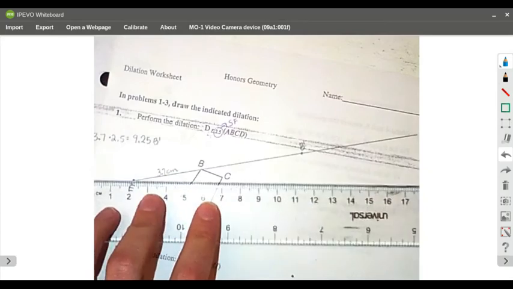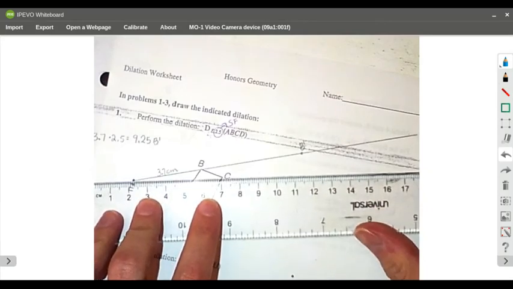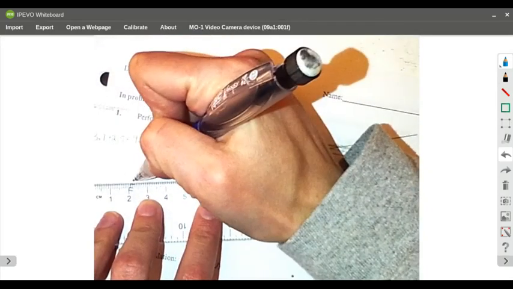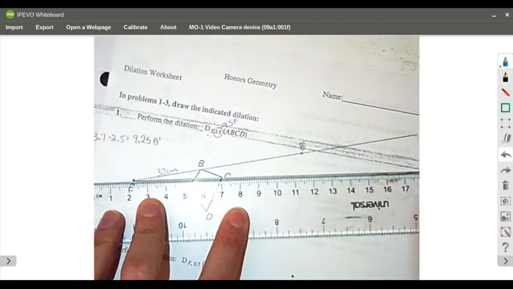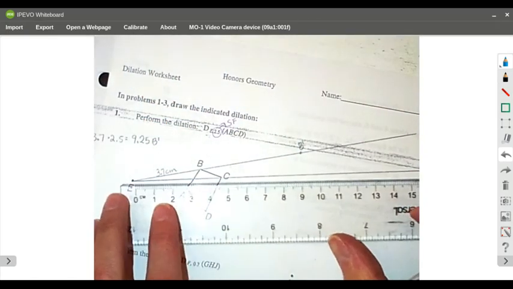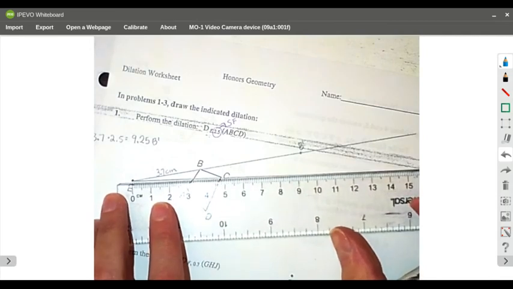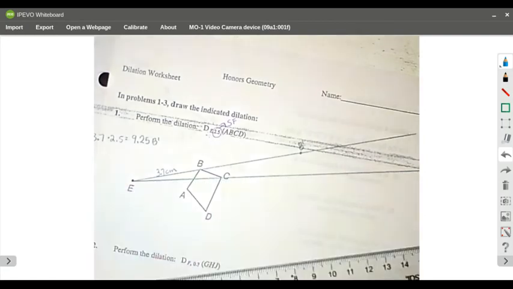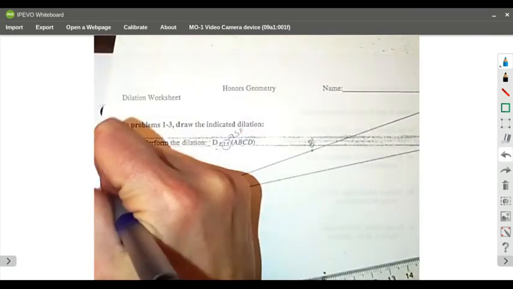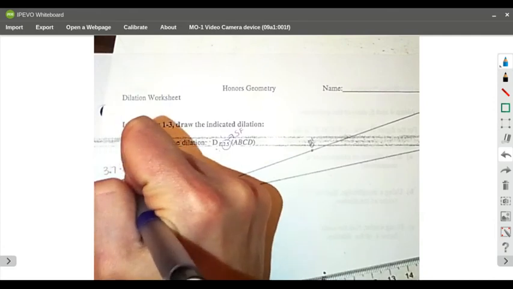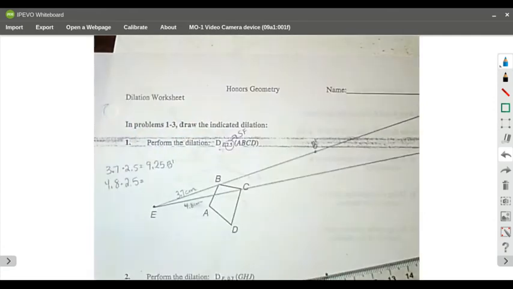So again, carefully connect E to C. Extend it. Then you're going to measure how far E to C is. I'd say that's about 4.8 from E to C. So 4.8 times 2.5, and that's going to tell us where C prime is, which is 12.